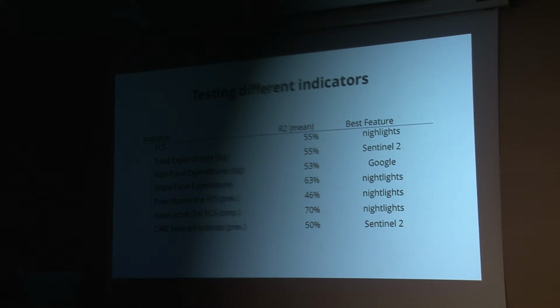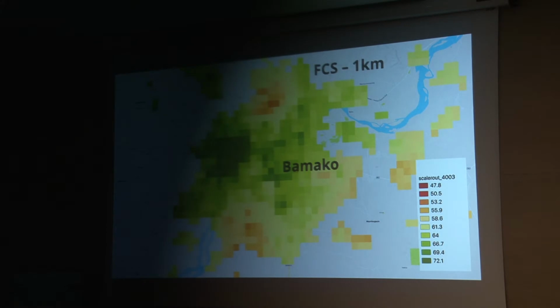Mali is a nice example. Senegal, we've had very good results, but sometimes we get worse results. So it's a work in progress. We try to add more features that encompass better the diversity of drivers, but we will not get everything for sure.